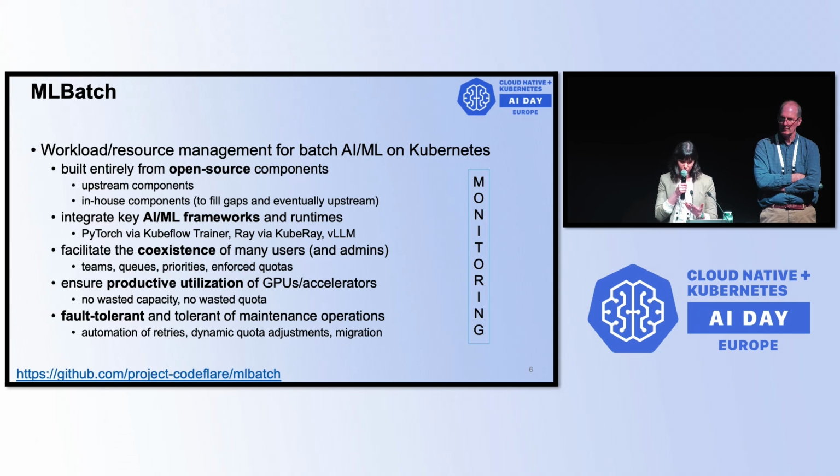We want to make sure that users and admins can all access the cluster and use it in a fair way. So we provide teams, queues, priority, and enforce quotas. And we want to make sure that productivity and cluster utilization are the best possible. GPUs are expensive. We have been saying that also this morning. And we don't want to have them just sitting idle while they could be utilized.